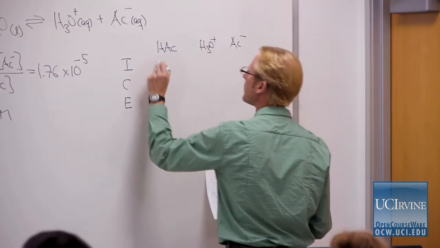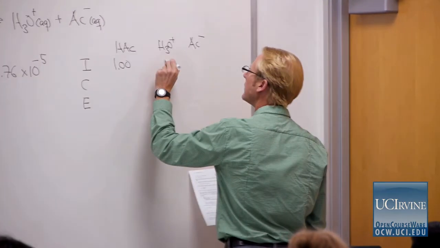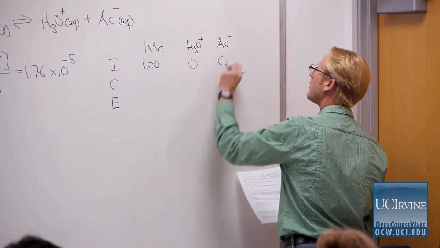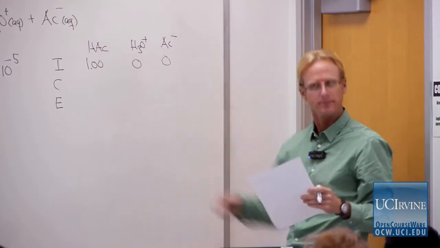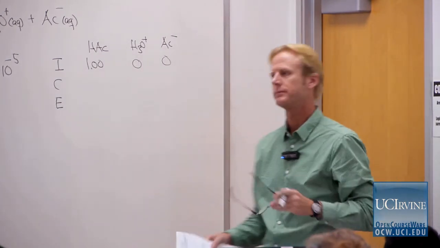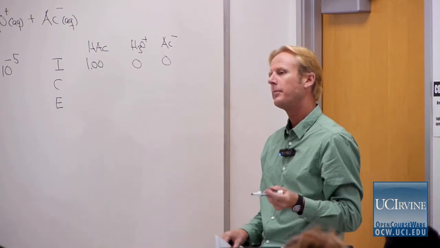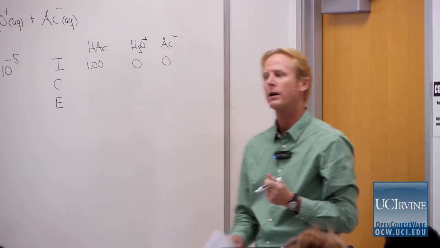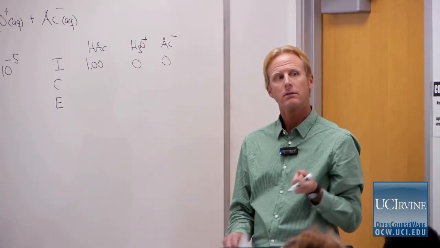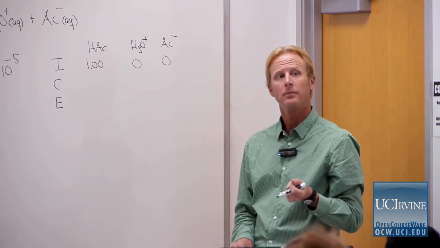Okay, so we start out with 1.00. And I can write a 0 for that and a 0 for that. Now, when I write down a 0 here, what am I assuming? But isn't there H3O plus in water? There's H3O plus in water, right?